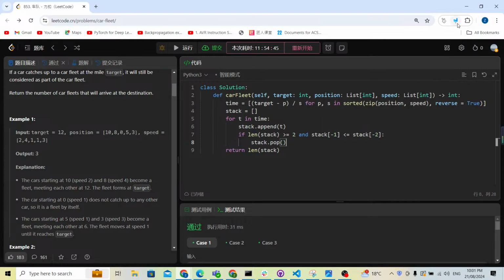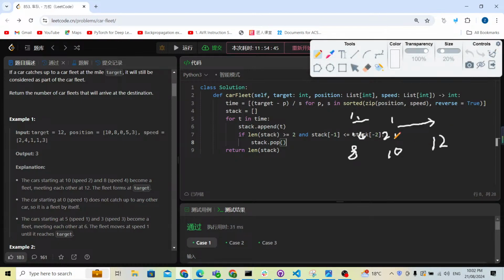So the idea is, for example, this is 1 car. I will first put it inside the stack, but I will put the time. It's going to be a time of 1, and then I'm going to put this car inside the stack. The time is going to be 1 as well to reach the target. And then I'm going to compare. So this is the stack minus 1, and this is the stack minus 2.